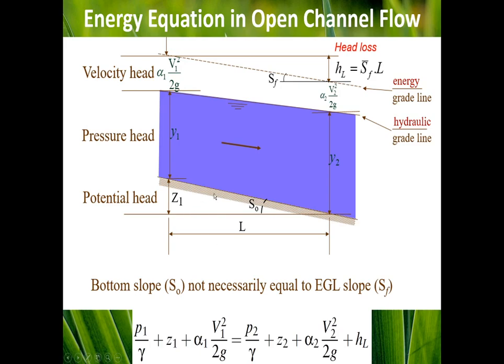Okay, so let's come back to our control volume. This is our control volume of non-uniform flow. This is a varied flow, gradually varied flow.